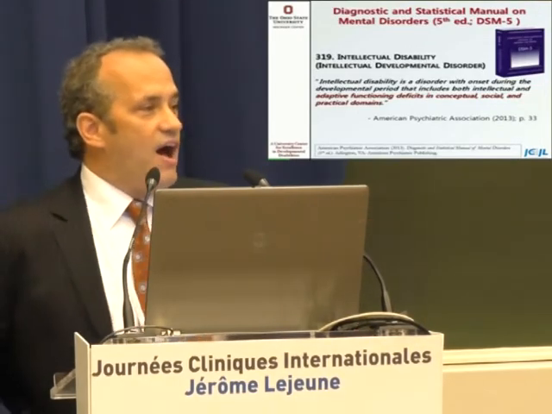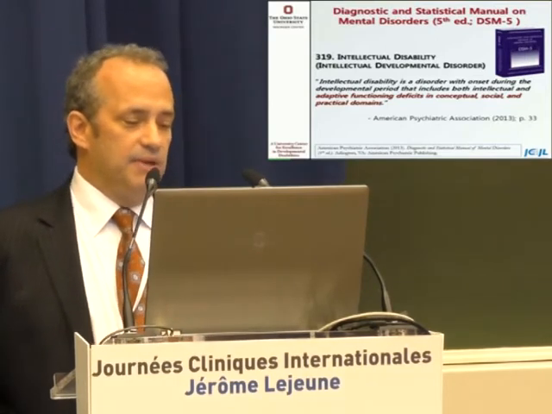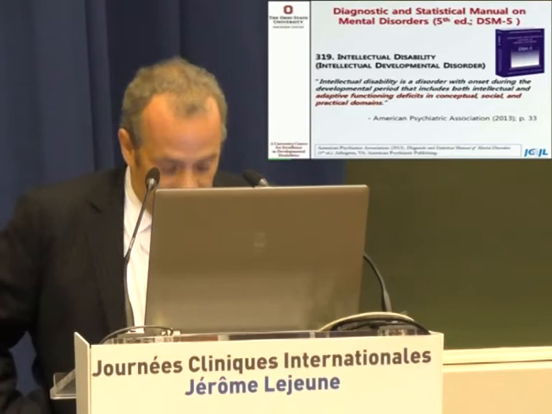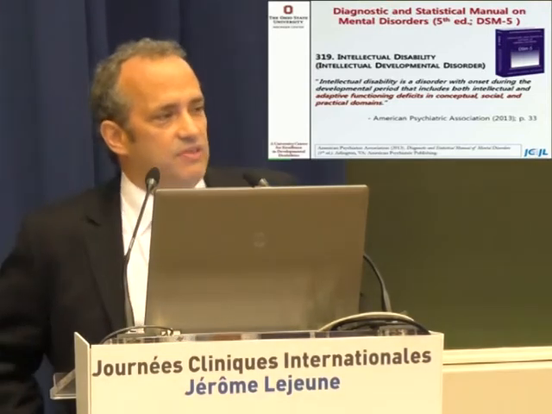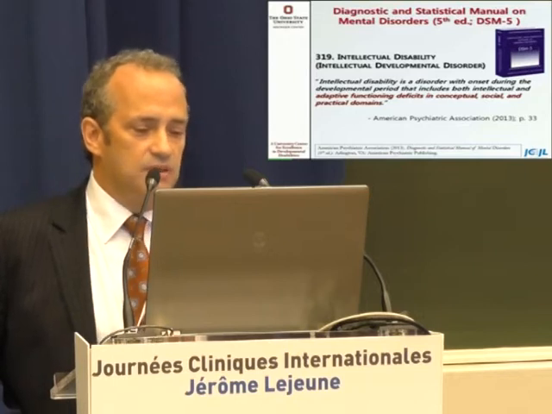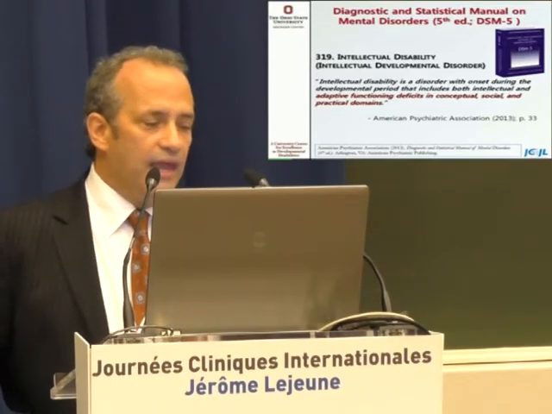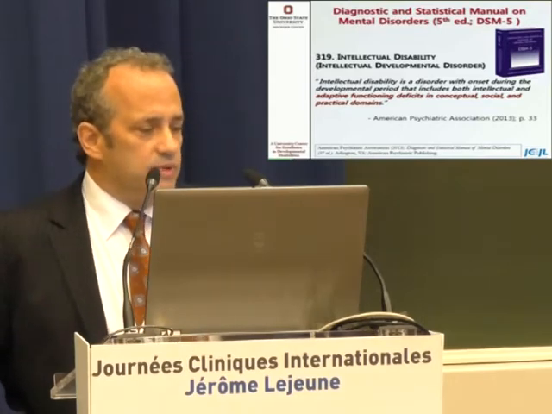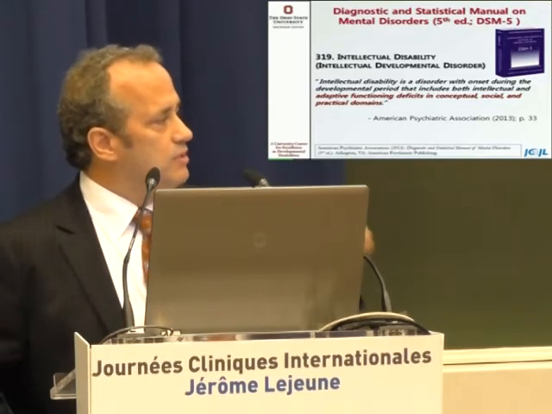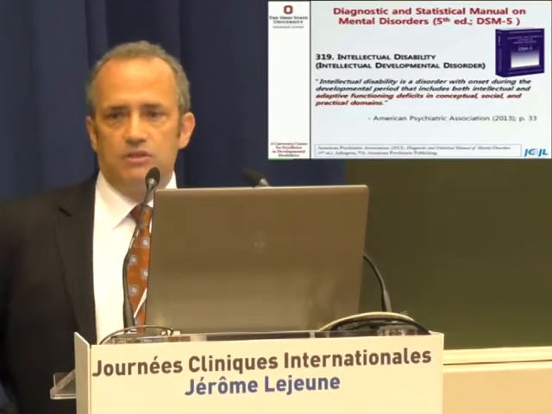The DSM-5, where there's a lot of controversy around many things, and fortunately at the 11th hour, the DSM-5 came through with a definition that seems to be identical to the AAIDD definition. And there's a little bit of confusion because in the DSM-5 they use intellectual disability, parentheses, intellectual developmental disorder.